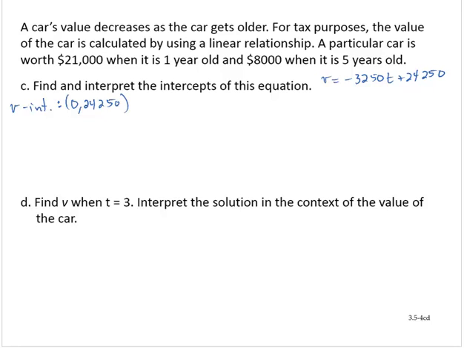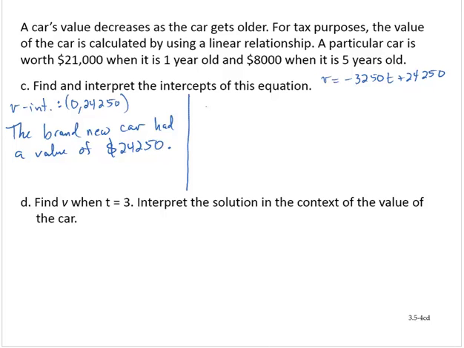So that means year 0, when the car is 0 years old. Well, we don't usually say that. We say a brand new car. So the brand new car had a value of $24,250.